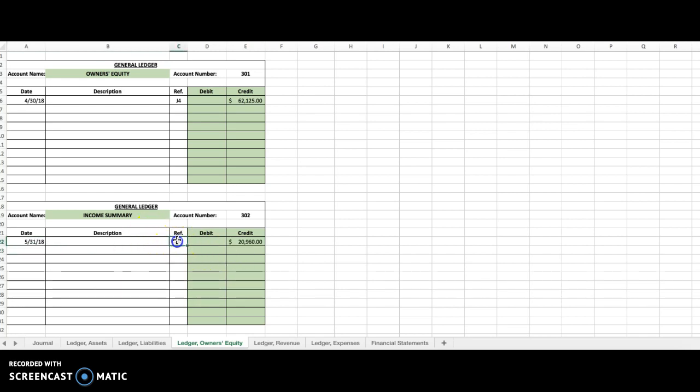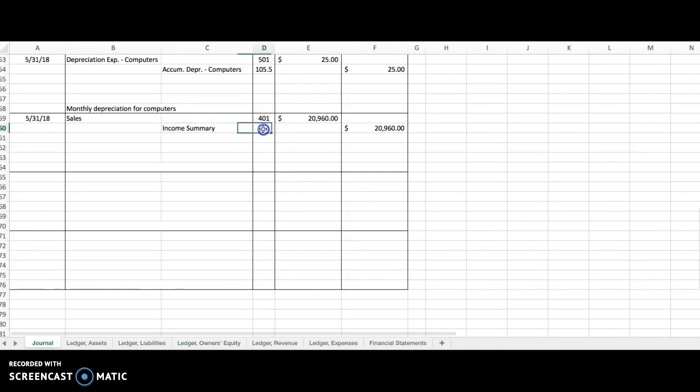Okay, journal page 5. So the money was basically taken out of revenue and put into this temporary account, account number 302. Back in the journal, account number 302. And this is our explanation.